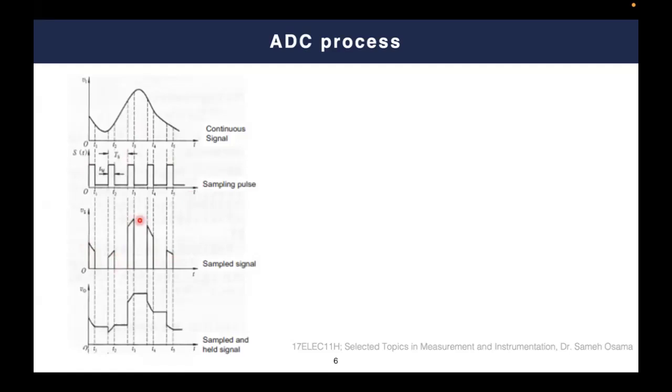So at 0, TS, 2 TS, 3 TS, and so on. And otherwise, the signal is not defined. So now this signal is what we can call a semi-discretized signal. This signal is only discrete in the time domain, but still it's not discrete in the amplitude domain, or in the y-axis. Here, the values are continuous. This pulse can have any value, so we don't have discrete values.